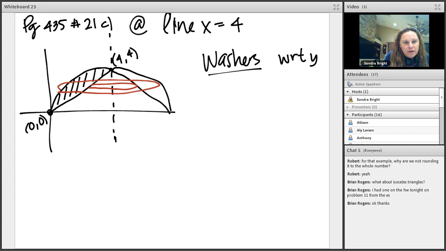So your rightmost is x equals 4 until you reach that guy, and that's the smaller radius. Then your bigger radius is going to be from the 4 to the curve over there, if that makes sense.